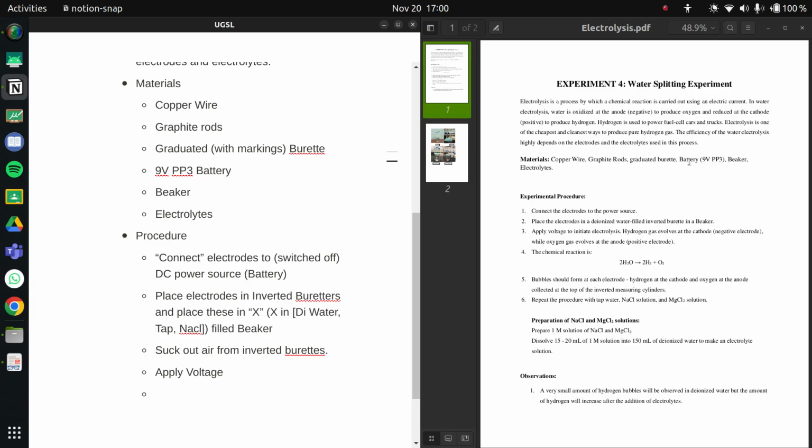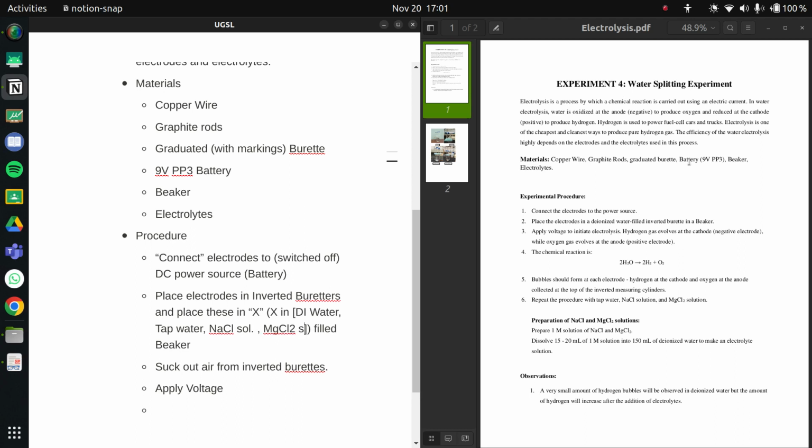Wait, why is it called DI? Deionized, yes. Tap water, NaCl solution, MgCl2 solution, filled beaker. Suck out air from inverted burettes. Apply voltage.